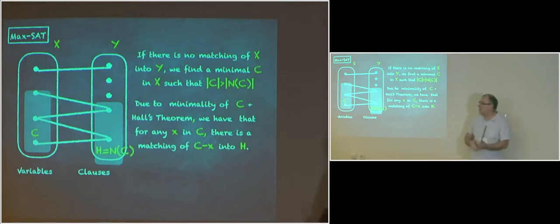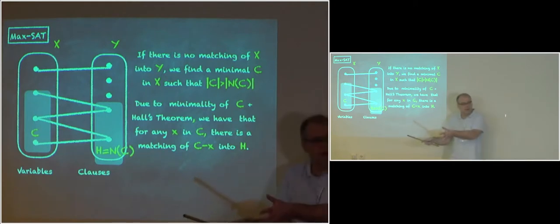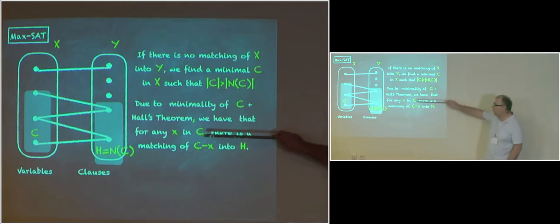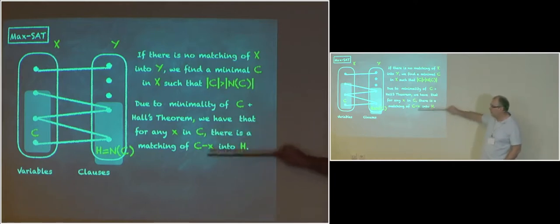Which means that for any vertex X from C, there is a matching of C minus X into H.